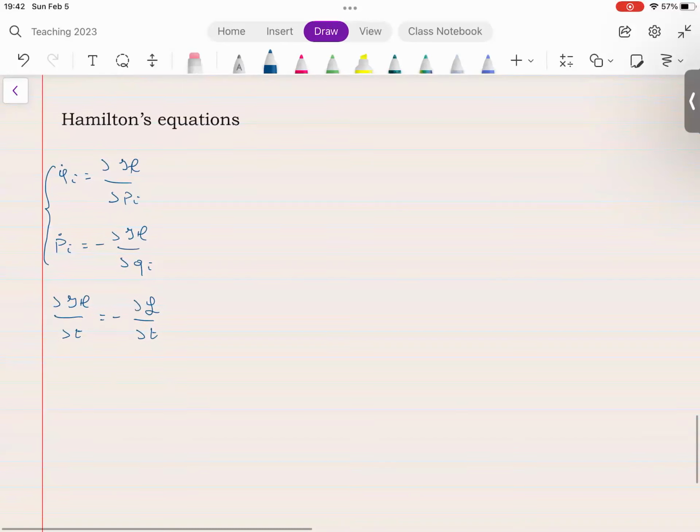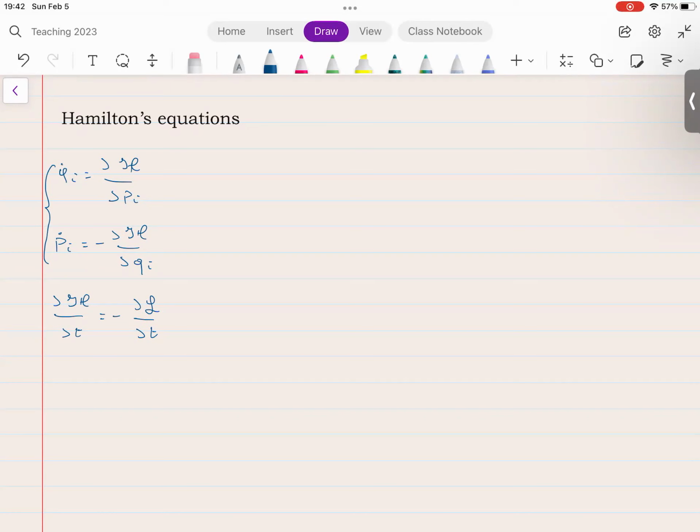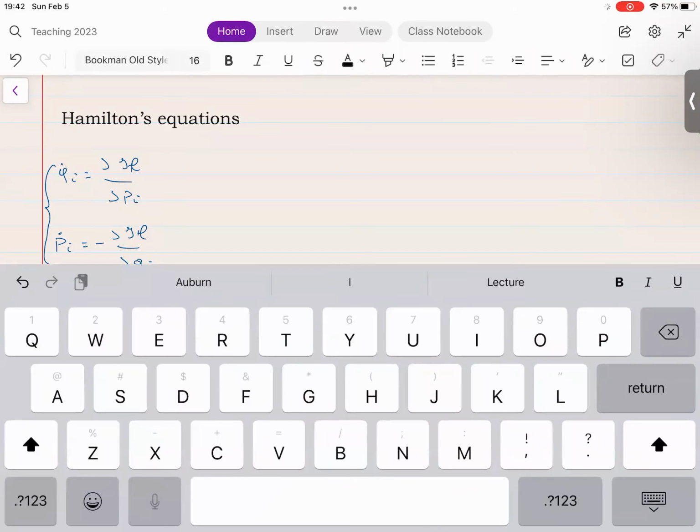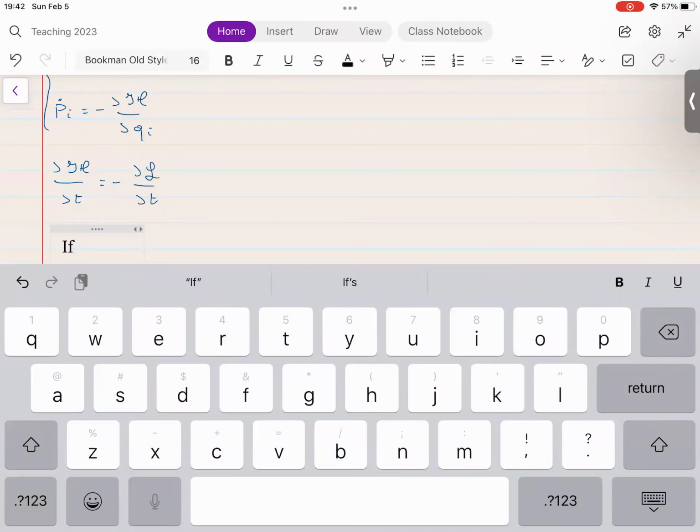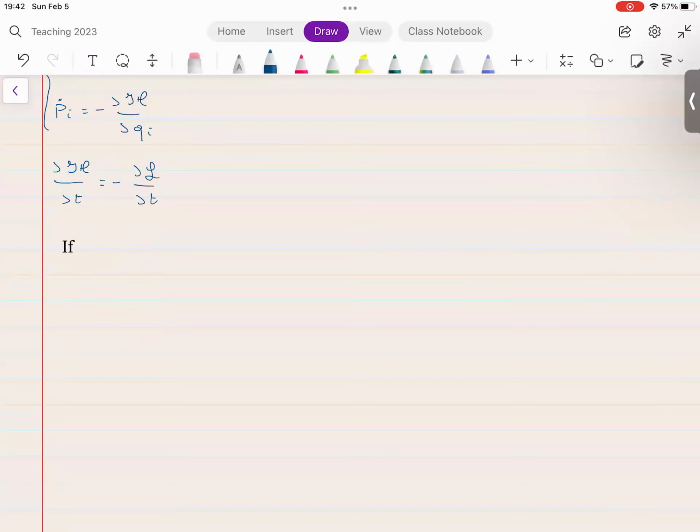You also know that if the Hamiltonian does not depend on a certain coordinate, then the partial derivative of the Hamiltonian with respect to that coordinate will be 0.